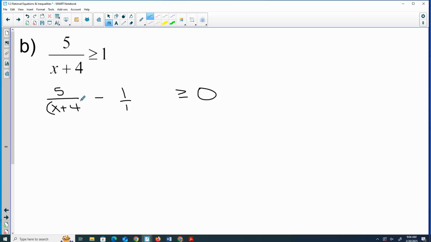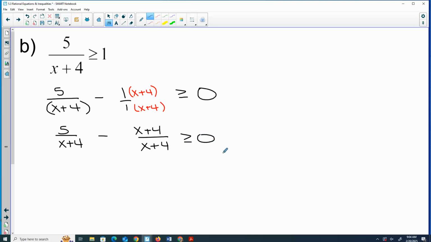So if I want my denominators to match, I'm going to have to multiply this times x plus 4 on top and bottom. So I'm going to create a common denominator to put those terms together. Since I'm subtracting, I will distribute that through this whole fraction on the numerator.